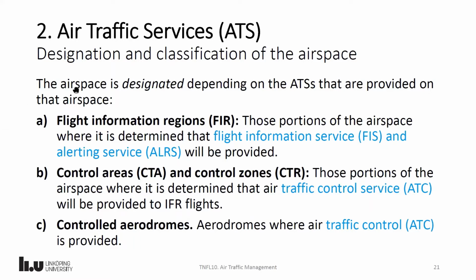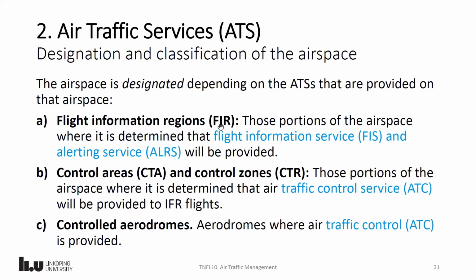As I said, the airspace is designated depending on the type of air traffic service that is provided in that airspace. So we have basically three types of airspace. First, we have the flight information regions, which are portions of the airspace where flight information services and alerting services are always provided.